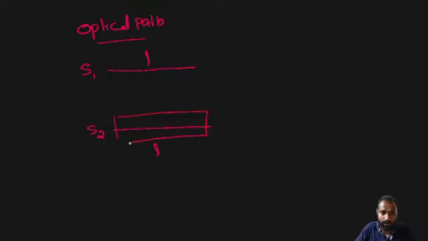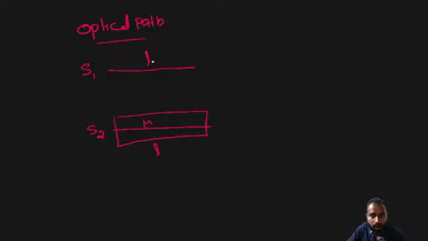I can give an example. So here I have a source S1. Here another source S2. So these are two equal small lengths, L and L. Here it is air, and here it is a medium of refractive index mu.